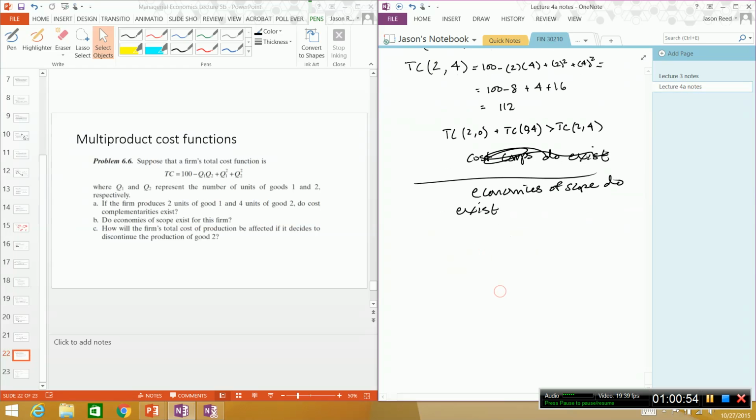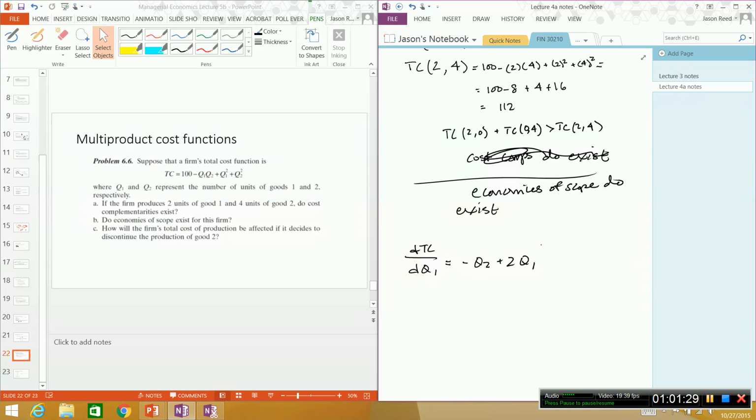Now for cost complementarities, what we're going to do is look at the first derivative of each. So we look at dTC/dQ1. That's going to be equal to minus Q2 plus 2Q1. Now you should ask yourself, does it matter what I start with? Could I have started with Q2 and then taken the derivative with respect to Q1? It doesn't matter.